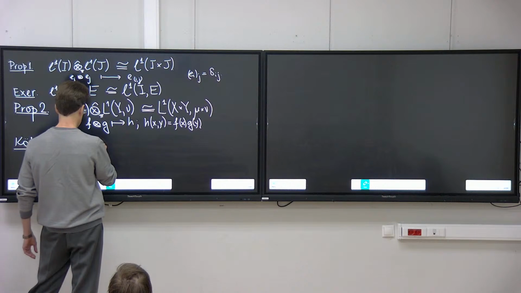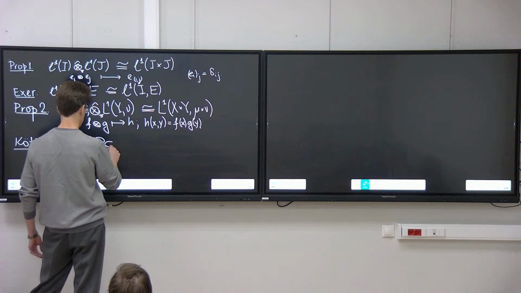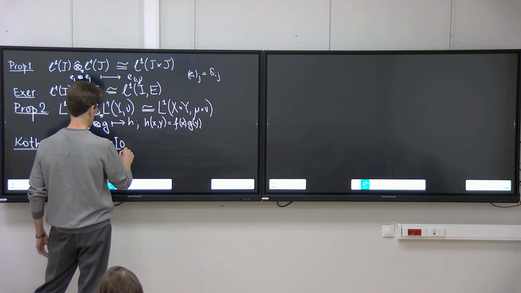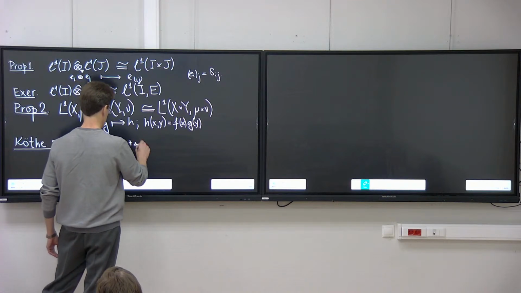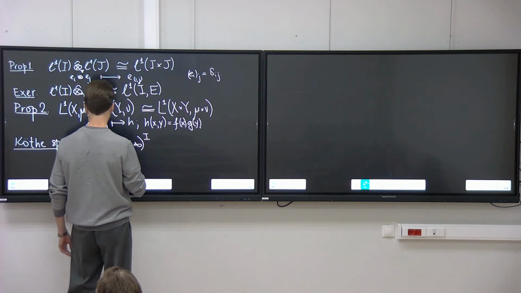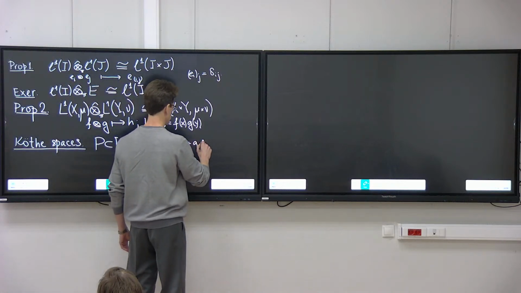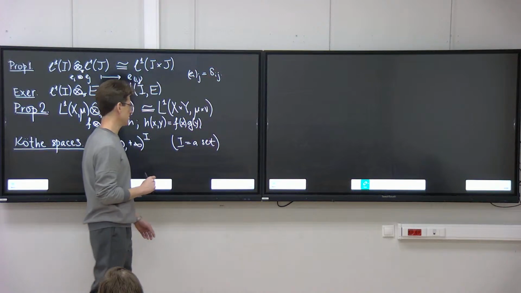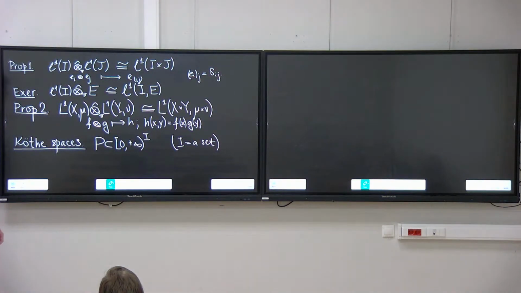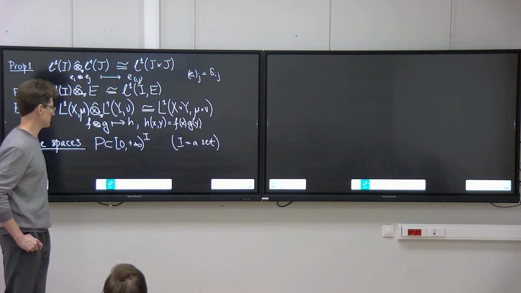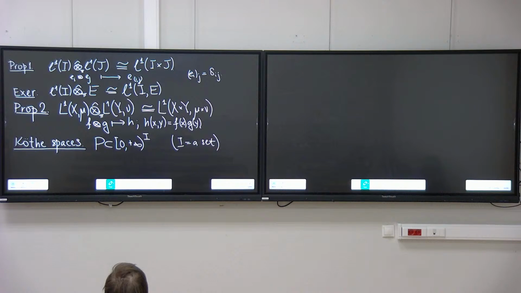We start with a set P, which consists of non-negative real valued functions on I. So I is an arbitrary set. In many concrete examples, I is countable. Sometimes it's convenient to take the set of natural numbers. Sometimes we take the set of integers or Z to the power n. But in most interesting examples, I is countable. So we may think of elements of P as sequences indexed by I.